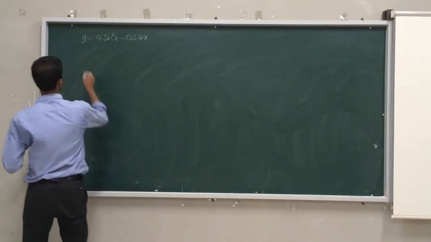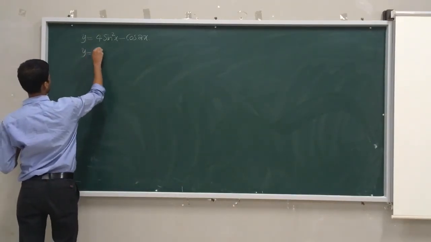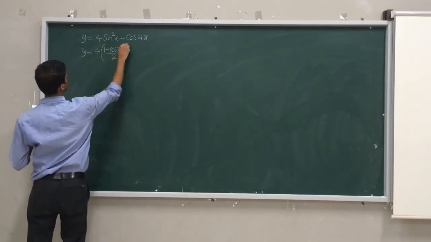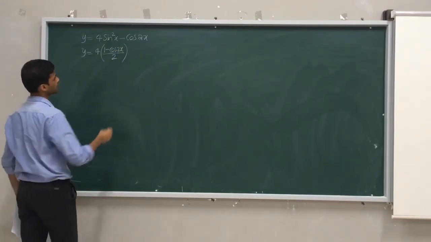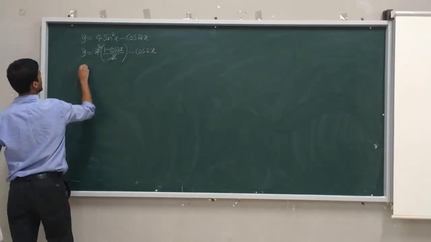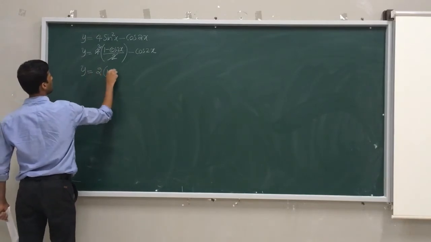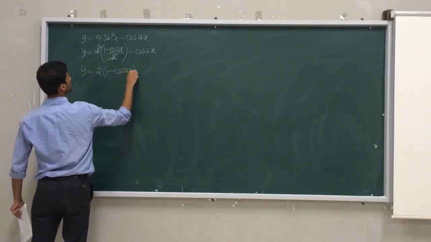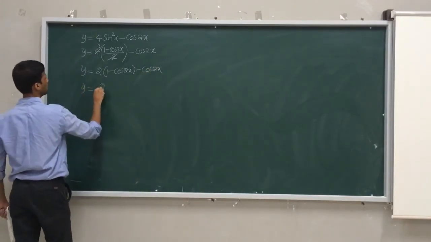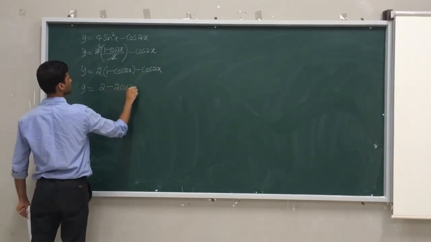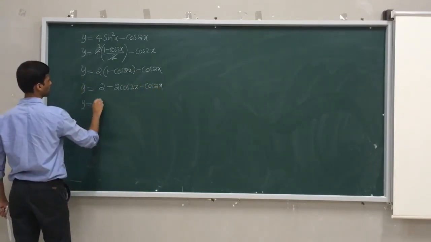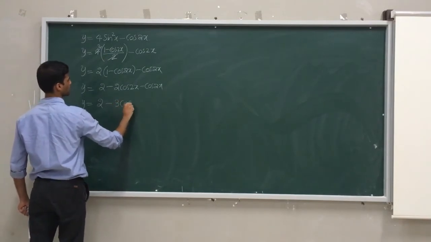So what we'll do here is write sin square x as 1 minus cos 2x by 2. The 2s cancel, so you are left with 2 times 1 minus cos 2x minus cos 2x. So it becomes 2 minus 2 cos 2x minus cos 2x, which is nothing but y equals 2 minus 3 cos 2x.